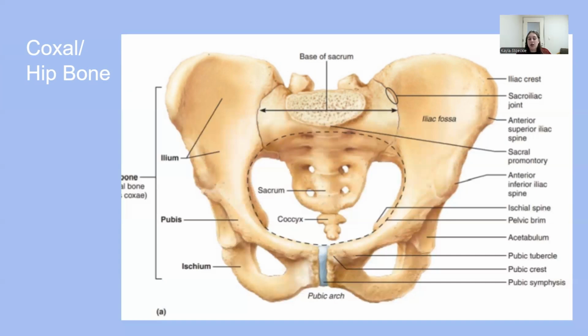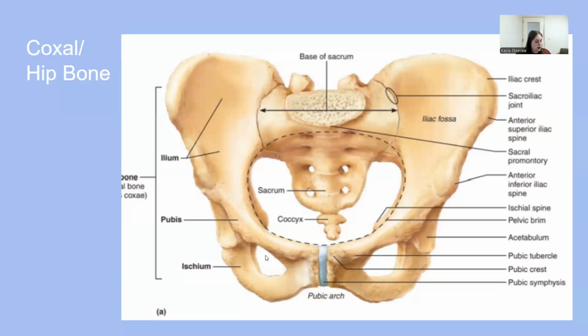Like for me, I'm sitting in a chair, so the ischium is going to be closest to the actual chair. Obviously, you still have your muscles and other tissues in between the ischium and the seat, but it's the closest part that allows you to sit down.